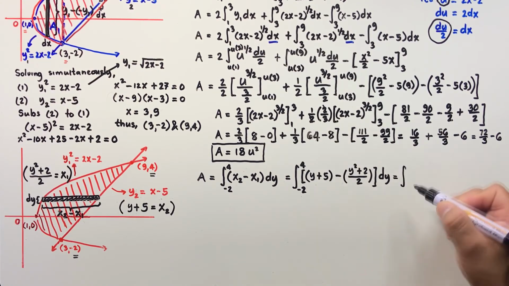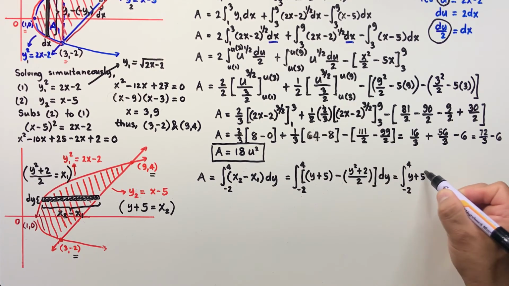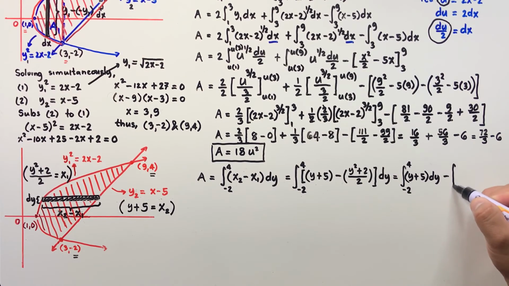So this is the integral from -2 to 4 of y plus 5 dy, minus the integral from -2 to 4 of (y squared plus 2) over 2 dy.